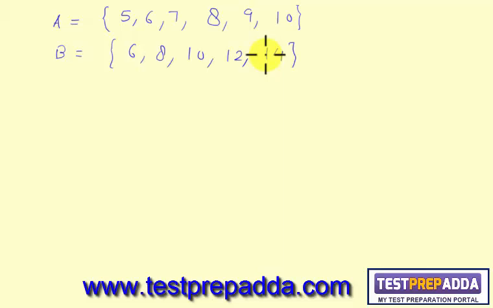Then how many elements are there in set A? 1, 2, 3, 4, 5, 6. So the cardinality of set A is 6.